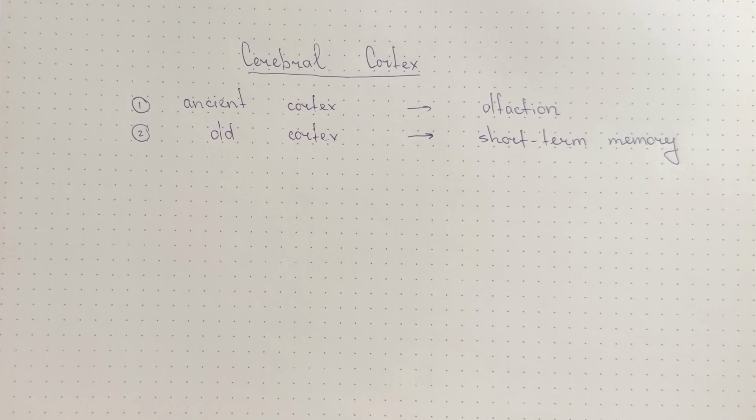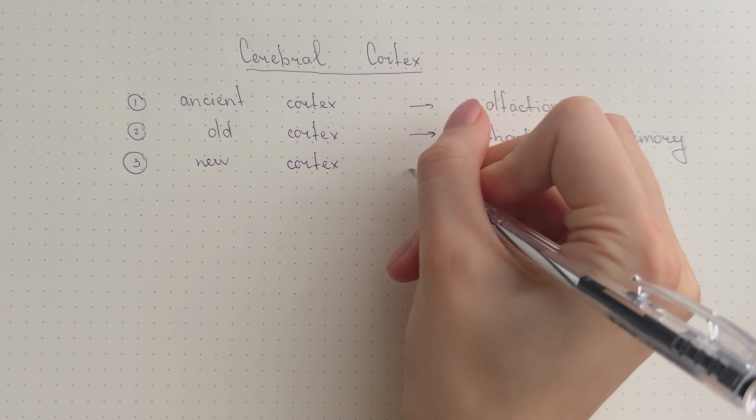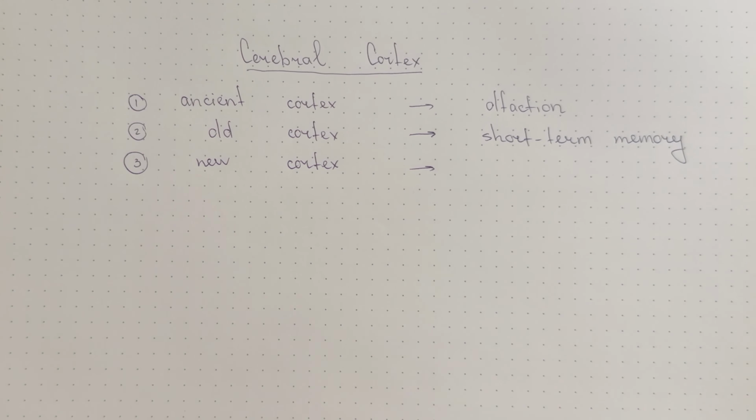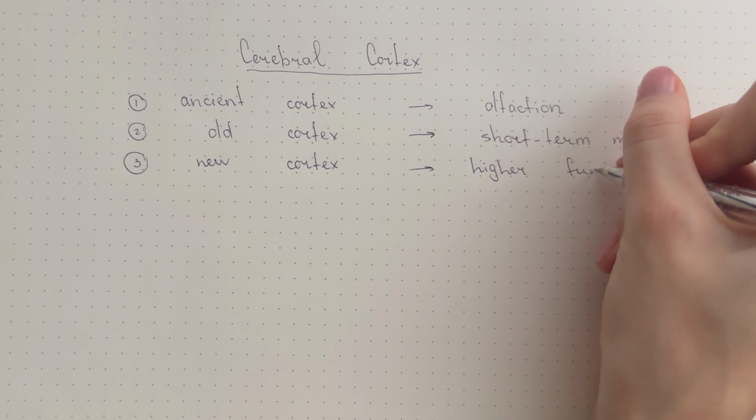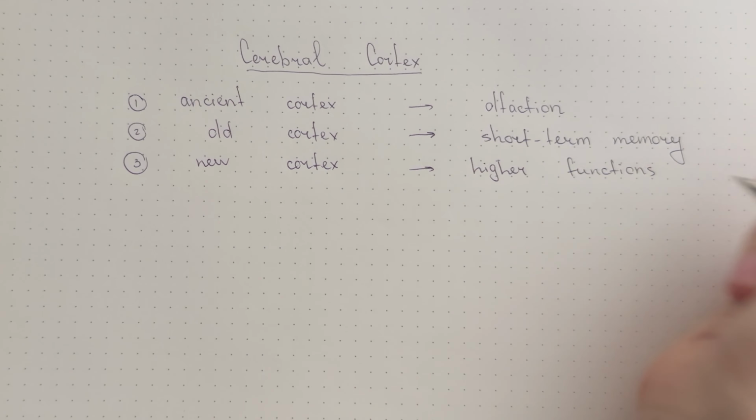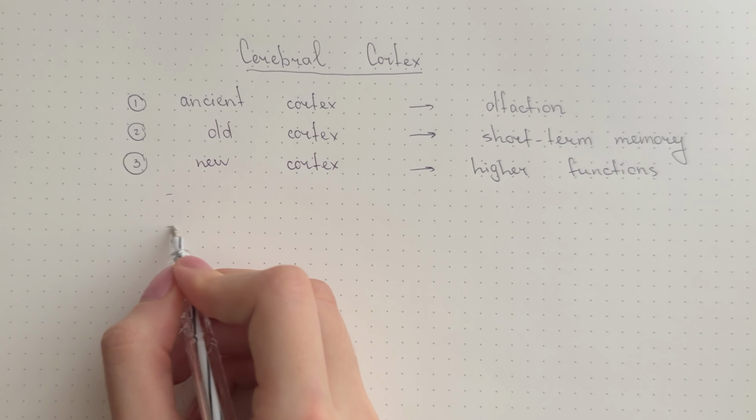However, the main part, more than 95% of our cortex, is the neocortex, which is characteristic of mammals. It includes sensory, motor, and associative areas. They are also called higher cortical areas. The neocortex is divided into six lobes.